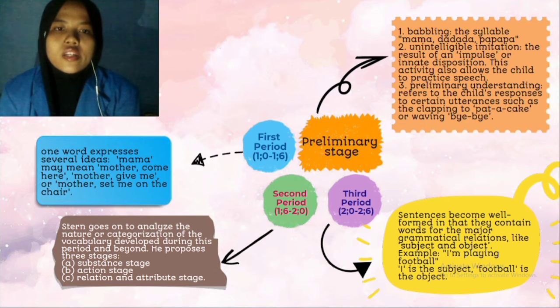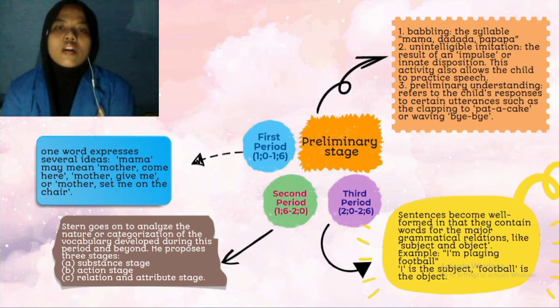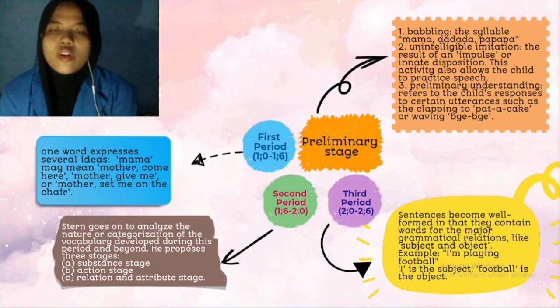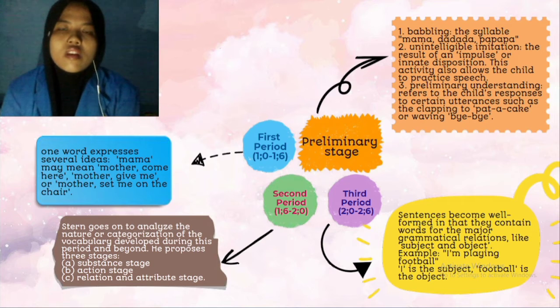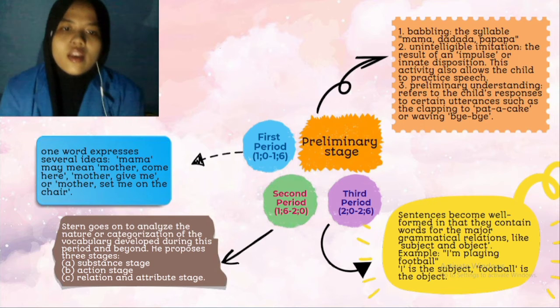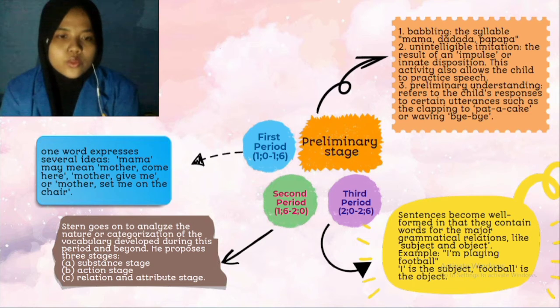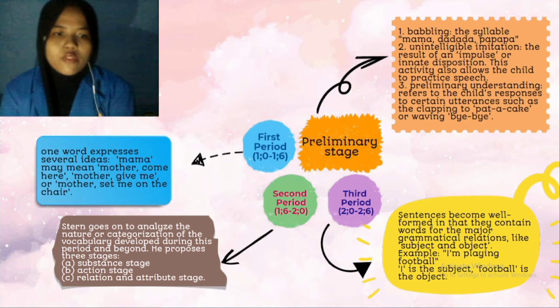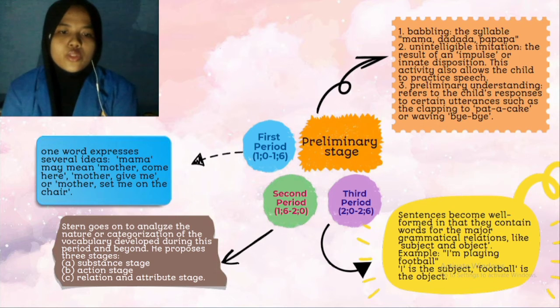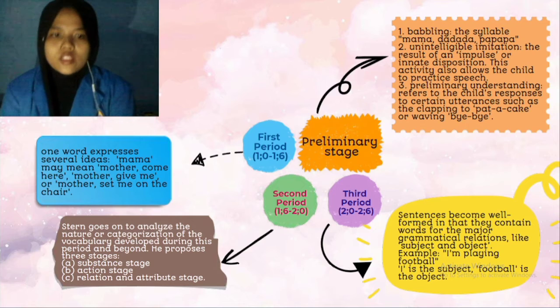And in the first period, the children also don't understand the grammatical structure. So there is no evidence that the children understand grammar. The next is the second period. Stern goes on to analyze the nature or categorization of the vocabulary developed during this period and beyond.